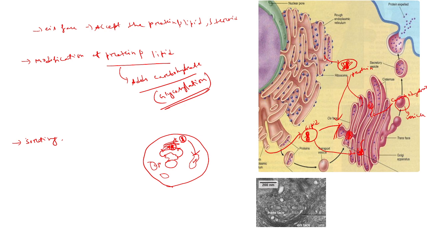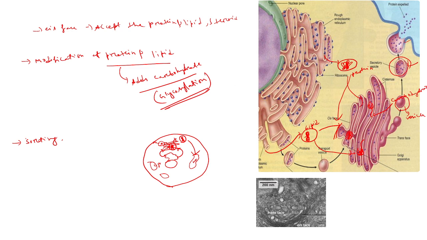Let's suppose it decides this protein or the lipid should go to the membrane, then it again forms a vesicle, and this vesicle fuses to the plasma membrane. It looks like this. This is the protein or the lipid needed for the plasma membrane, so it fuses like this.